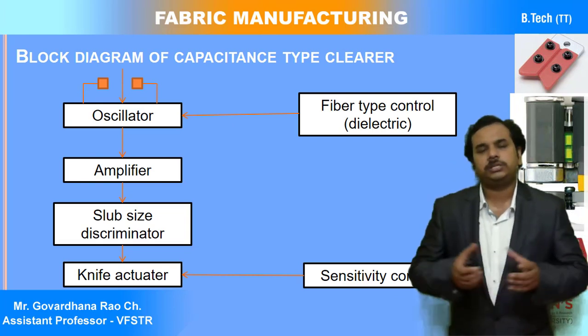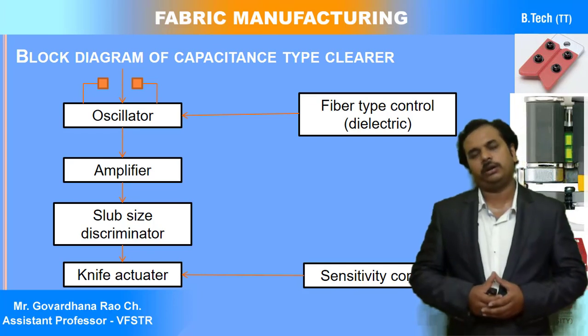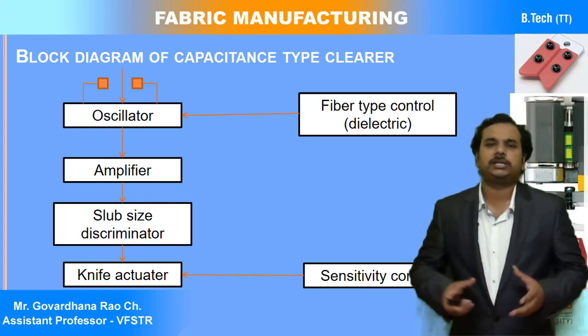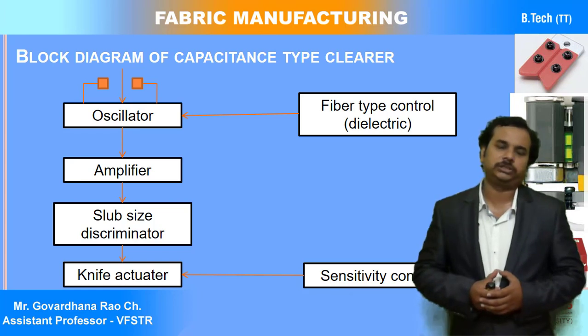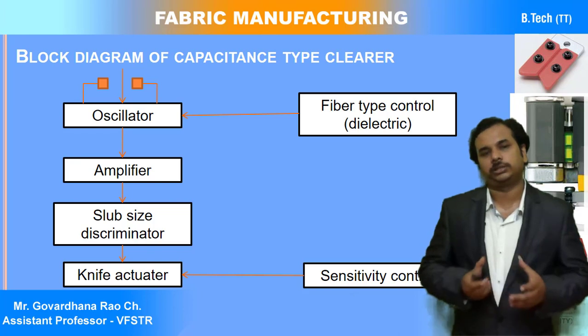Now see here, I have given the block diagram of how the capacitance type of clearer works.